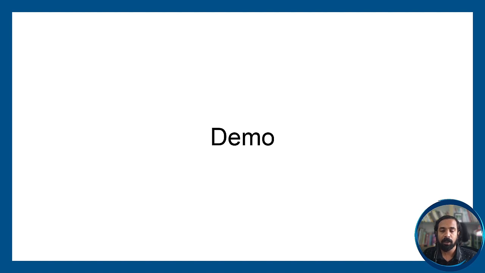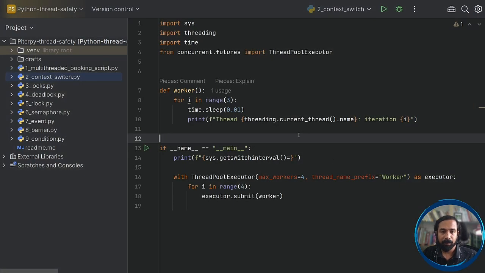Now let's take a look at another example which will illustrate the concept of context switching. Here in this example we have a worker function which will get executed by 4 threads. It performs an iteration from 0 to 2.